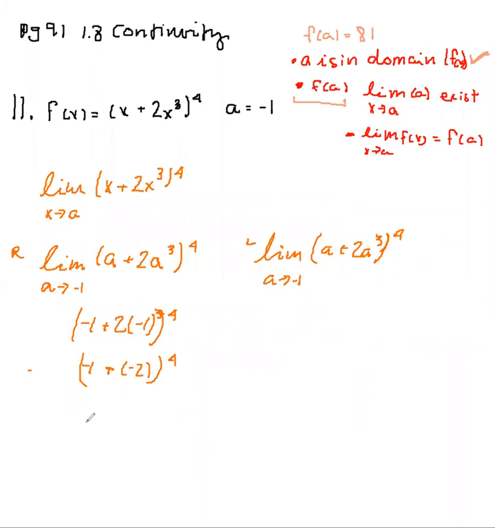And we're going to end up with the limit as a approaches -1 is equal to 81. So now that we've said that, we have our limit, and we have that that is equal to also f of a.